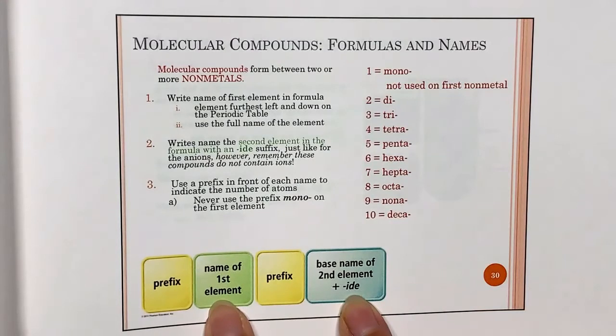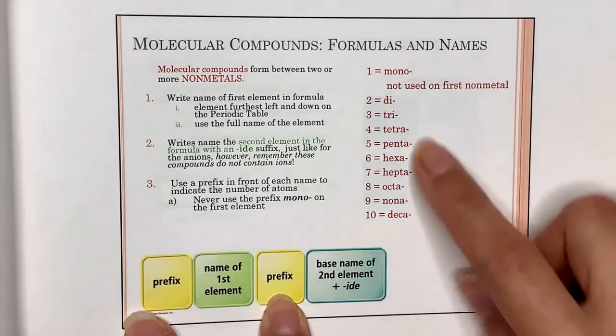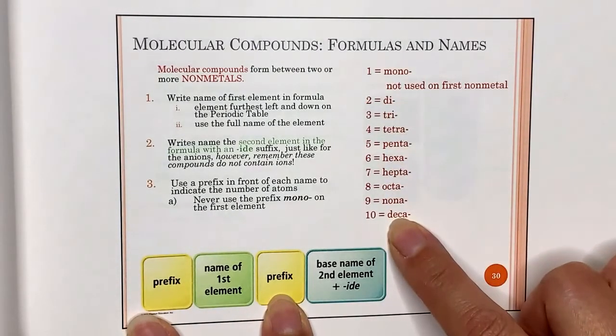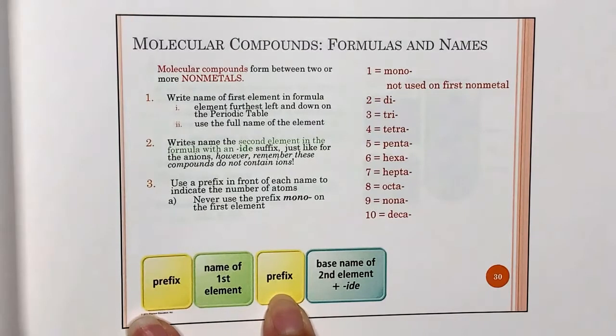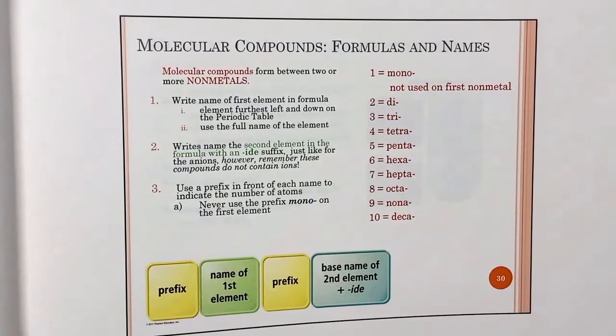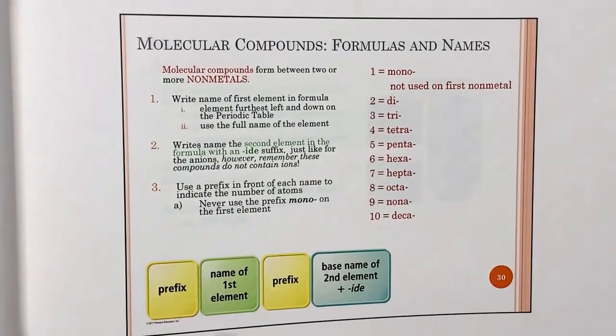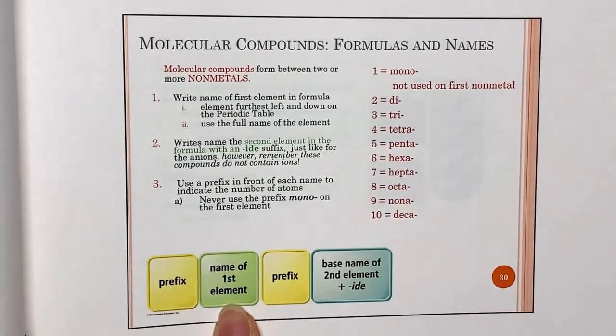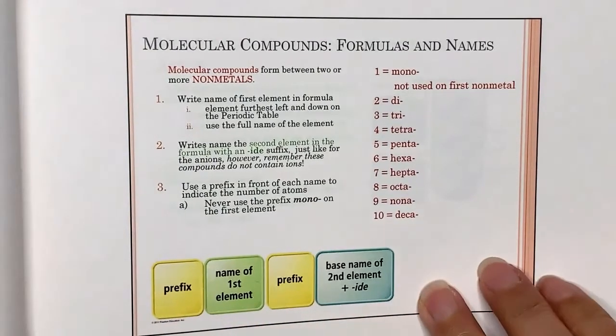The first element, just stick an element name. The second one, put IDE behind it, okay? So what are the prefixes is pretty much the same stuff as the one you just memorized for the hydrate. So that will make it pretty easy, right? So when you have mono though, if you have one thing for the first element, you don't have to write mono on it, okay? So let's go ahead and practice.